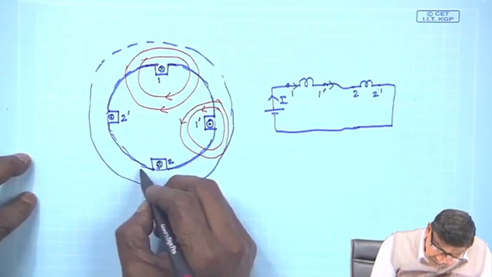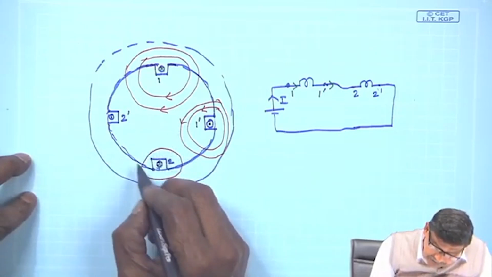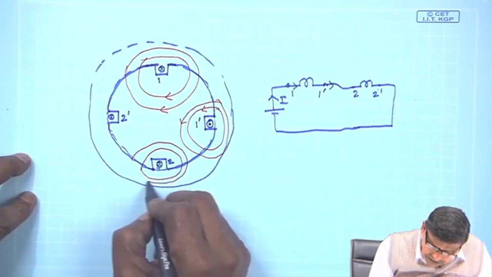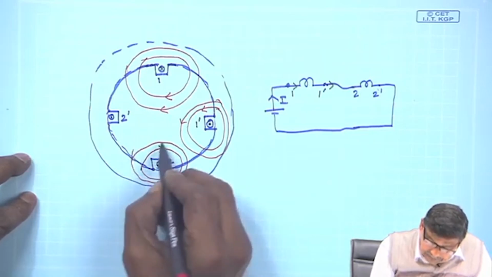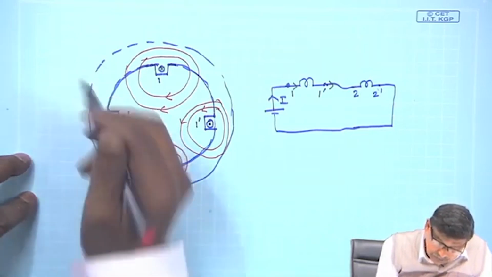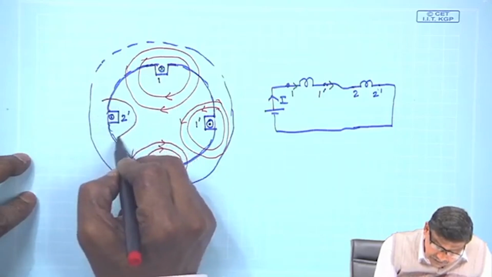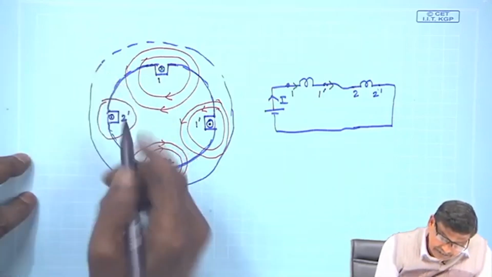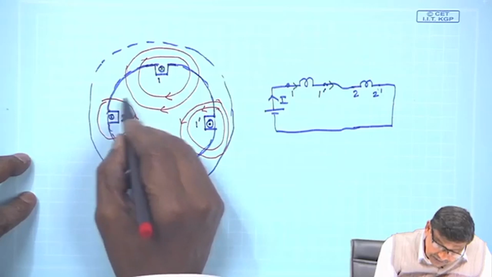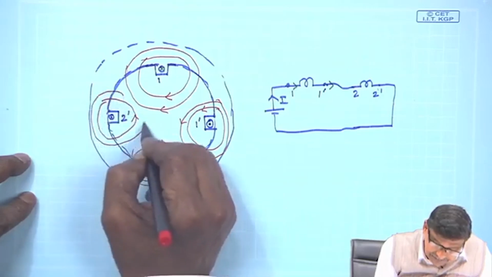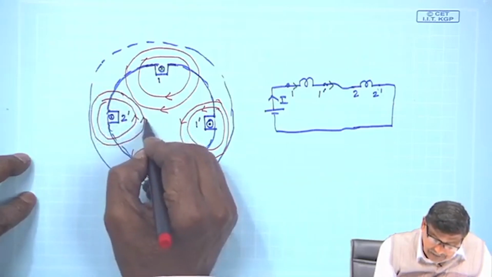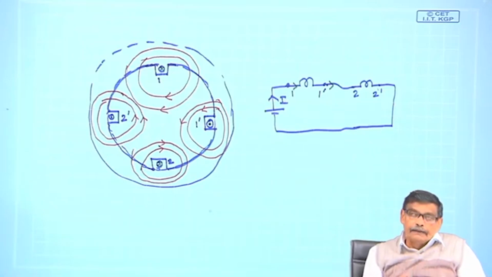This cross current will produce lines of forces like this. I am just drawing two representative, and this 2 dashed, this is dot current, will produce lines of forces like this.